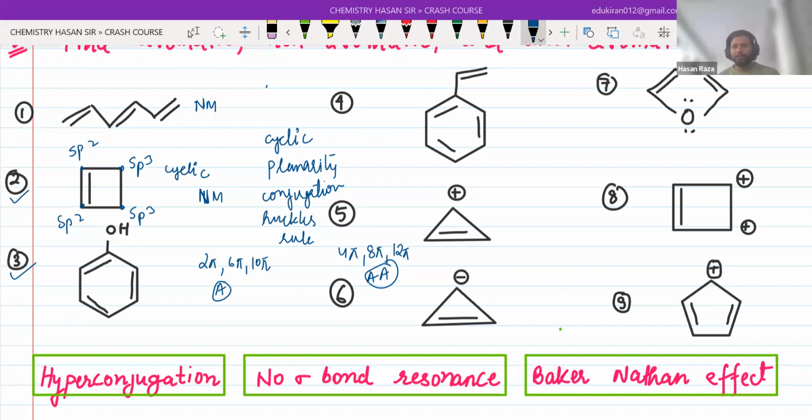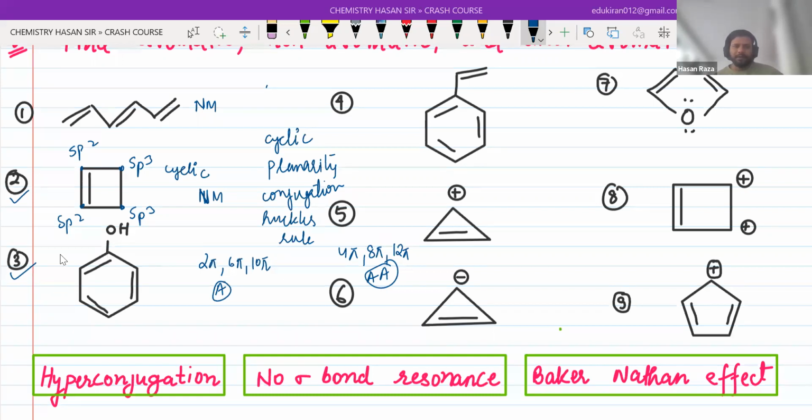Am I audible to all of you? Yes, sir. Okay. Are you able to solve question number three? Please interact with me so that I will be able to understand whether you are getting it or not. If you are not getting the point of this aromaticity, I will explain it in another way. Anyone have got this answer?